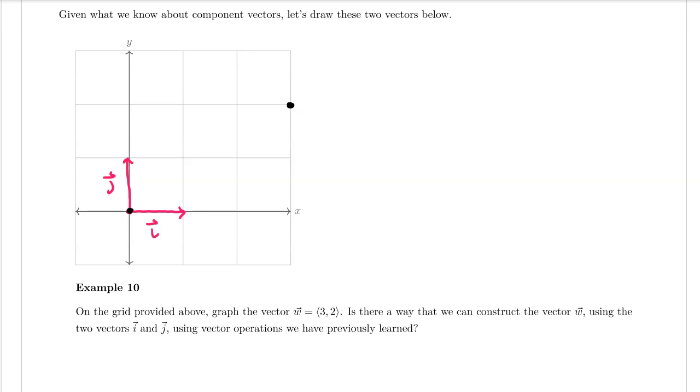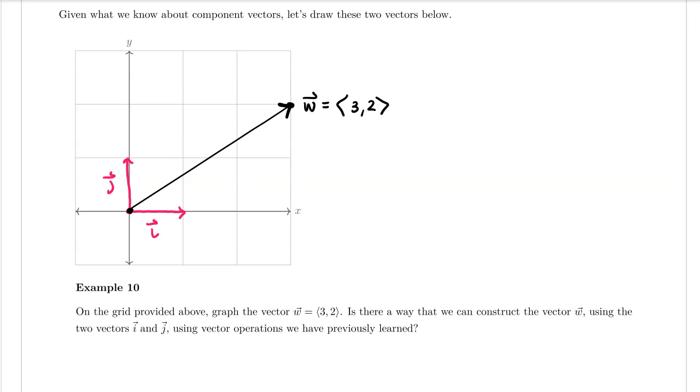And my initial point would be at the origin. So let me go ahead and draw that vector. All right, so this is vector w that we just graphed, and it has the components 3, 2. And we want to know, can we construct this vector somehow using i and j?